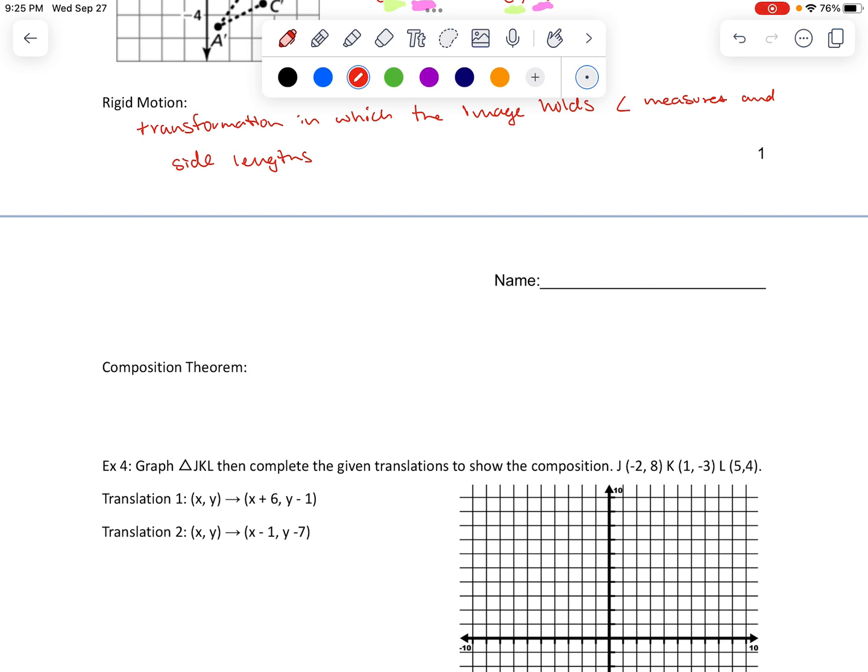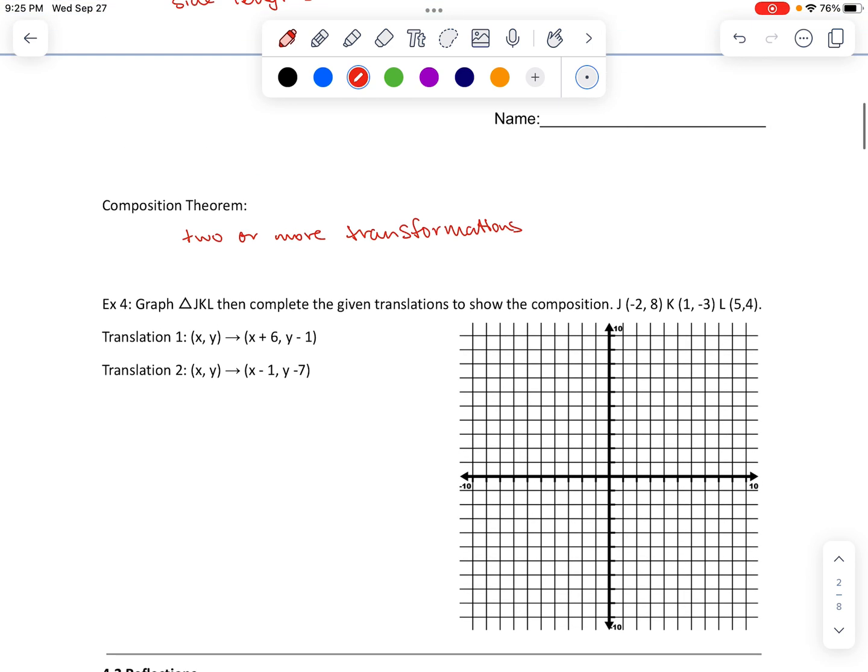Composition theorem, this is where you will have 2 or more transformations to complete. When you're doing this, it does not matter the order, so just something to think about. On example 4 here, we need to graph our points, then we have 2 translations, which means we're going to end up with 3 different triangles, so just make sure you're aware of that.